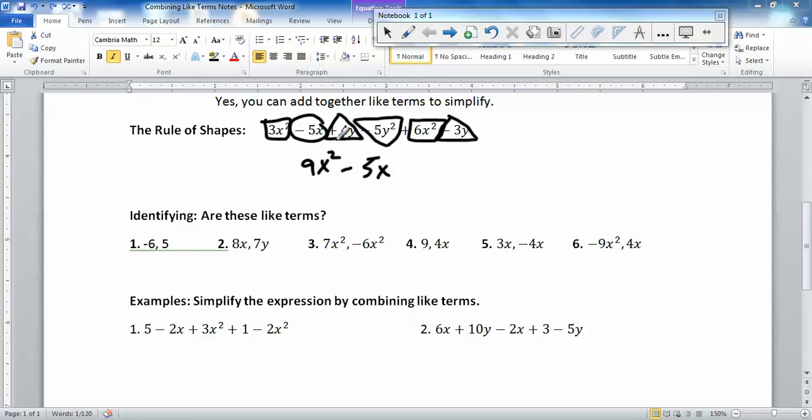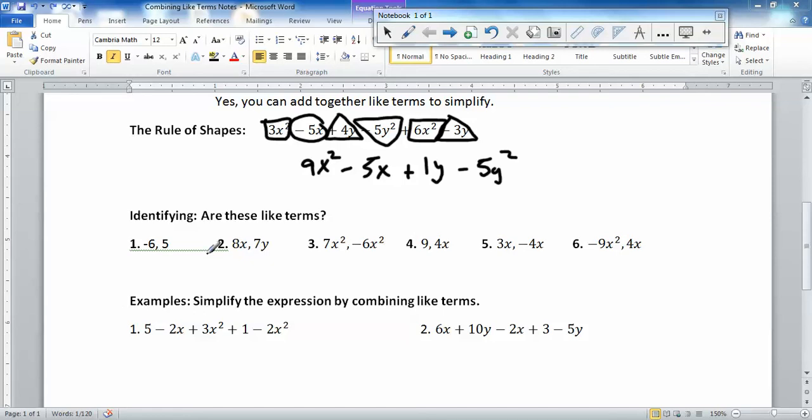I've got 4 triangles here and negative 3 triangles here. So 4 plus negative 3 is 1y. Okay, so we take out what we can. Now, there is no other 5y squared, so I would just have to rewrite that, minus 5y squared, and that is as simple as it gets.